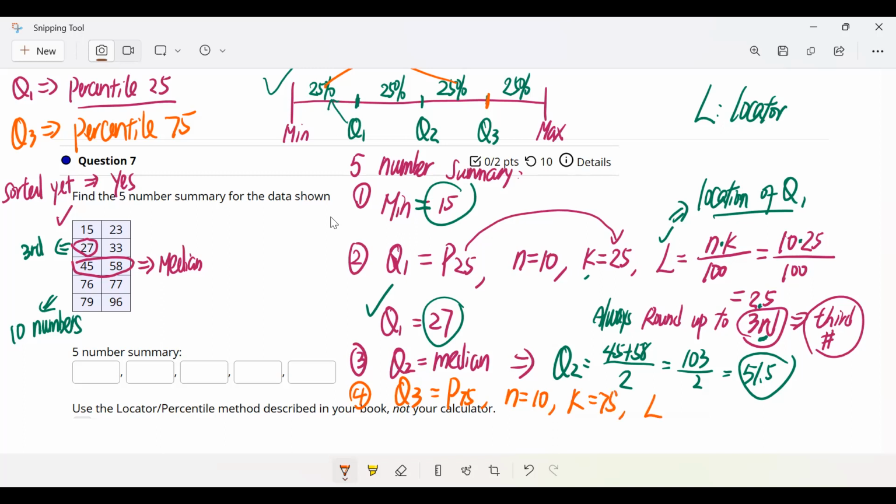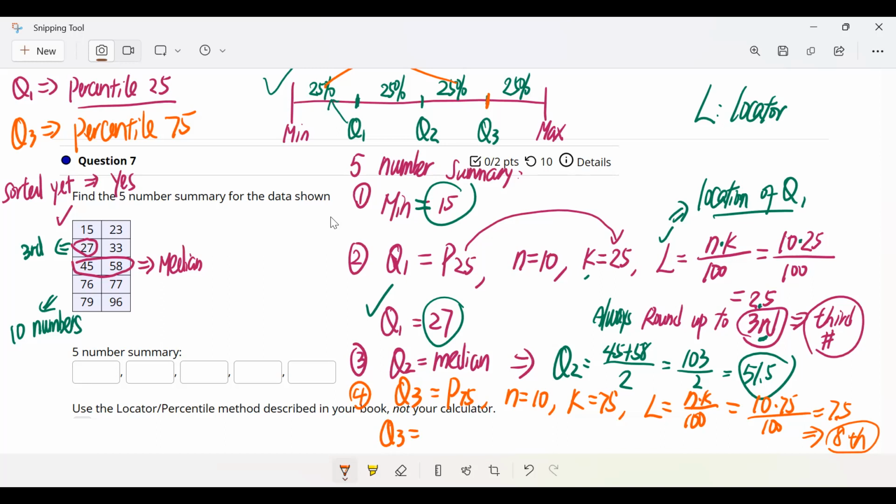I use the locator formula, N times K over 100: 10 times 75 over 100, that's going to be 7.5. But again, it's a decimal number, so round up to the next whole number. So it becomes the eighth data value. The eighth data value in our data set is quartile 3.